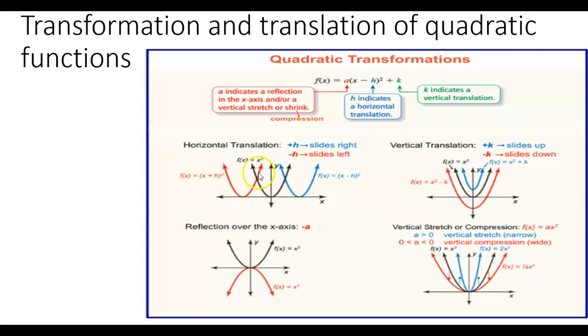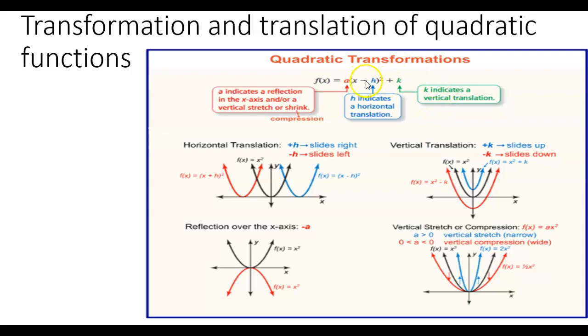So here we go. Like a horizontal translation, we can see that this parabola here is just your normal f of x is equal to x squared. And notice that since we have a minus in the formula, it's going to go a different direction than we may intuitively think.